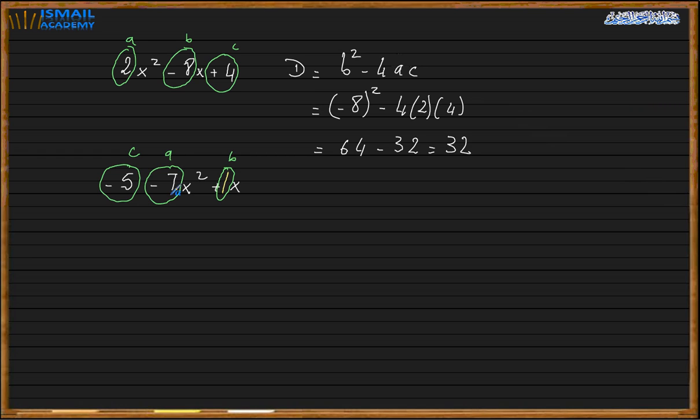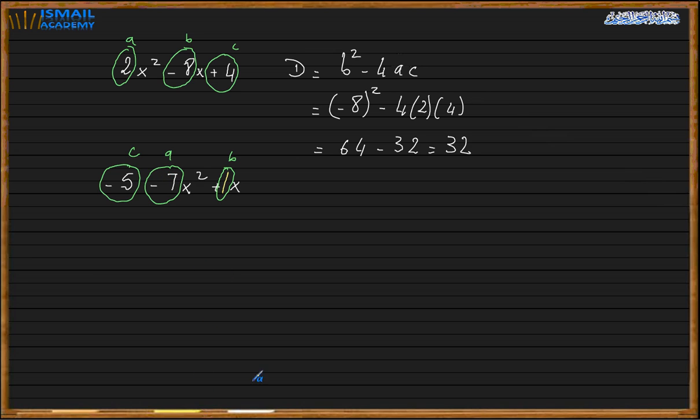C is the constant, B is the coefficient of x, and A is the coefficient of x squared. So look out for x squared, the coefficient next to it is A. If there is no coefficient, that means it's 1. B is the coefficient of x. Even if the order is not the same as ax squared plus bx plus c, keep in mind that A is the coefficient of x squared, B is the coefficient of x, and C is always the constant.